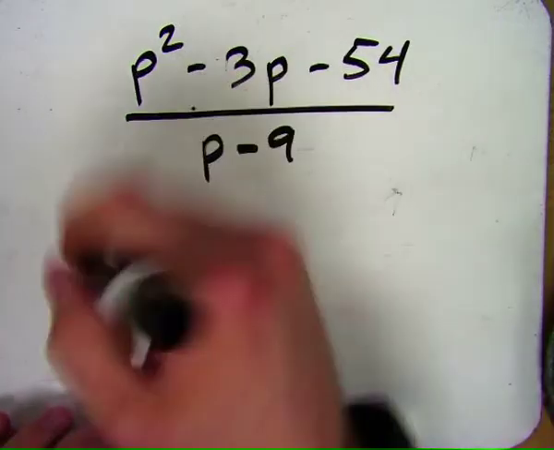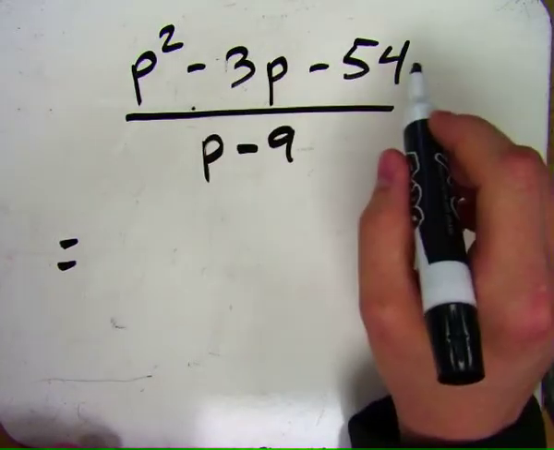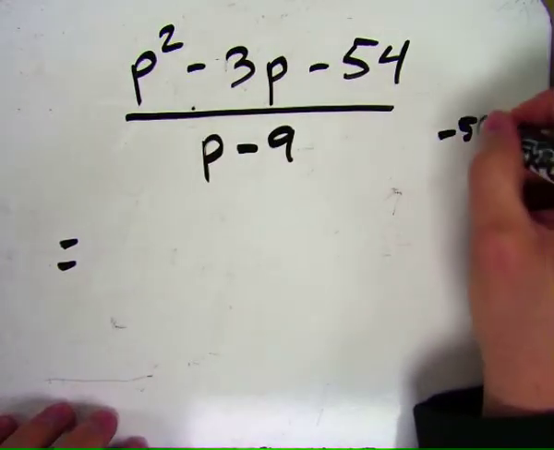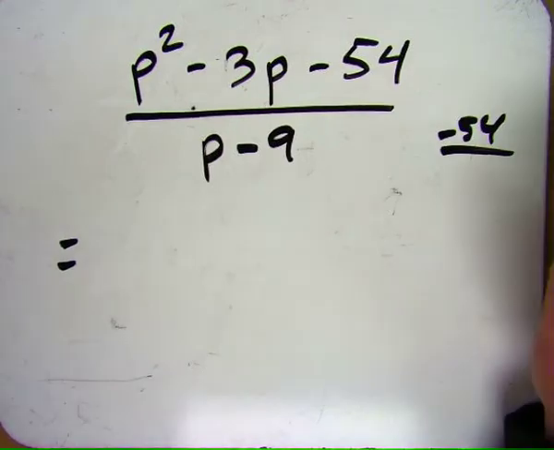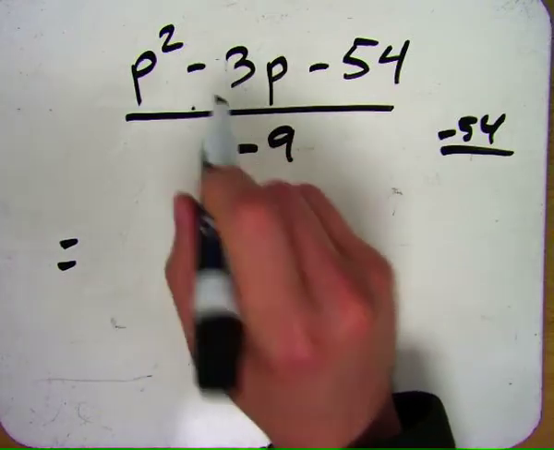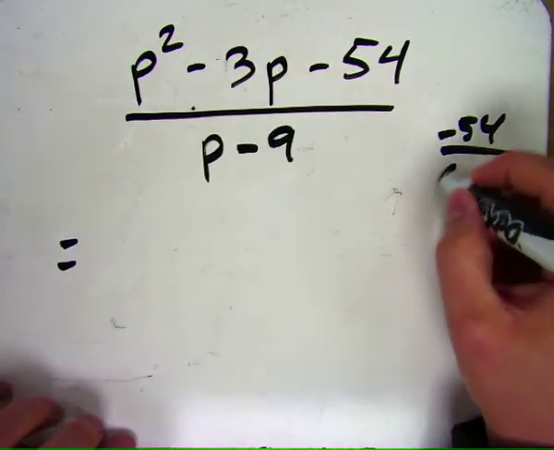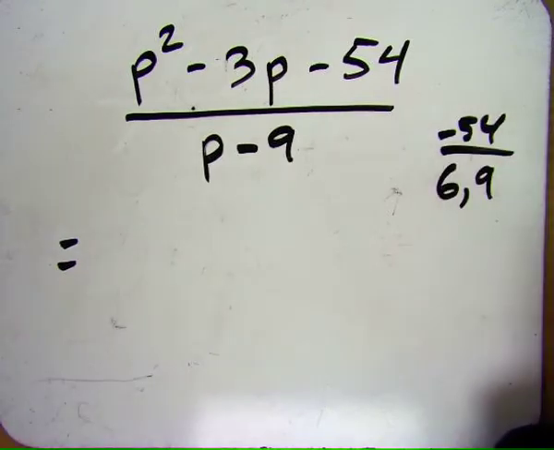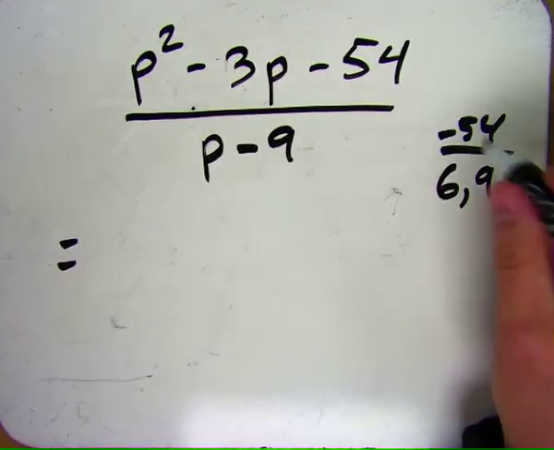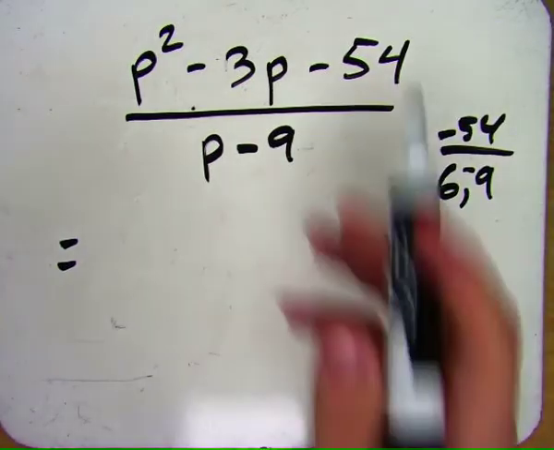Alright, so hopefully you tried it. And the first thing you should do is factor the top. If I look at negative 54, I'm trying to think of pairs that would add to 3. But not just any 3, this is a negative 3. So, as I go through the list, I would eventually come across 6, 9. And I know that because it's a negative 3, the 9 has to be negative. So this has to be automatic, guys.